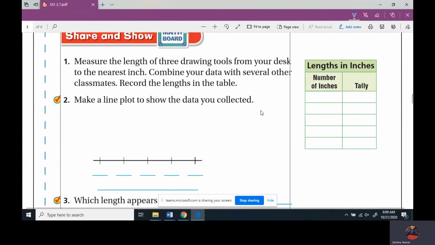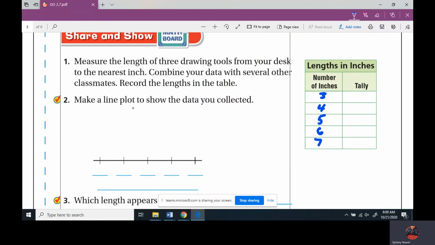All right. So it says measure the length of 3 drawing tools from your desk to the nearest inch. Combine your data with several inches. I've done this earlier, so I have 3, 4, 5, 6, and 7.